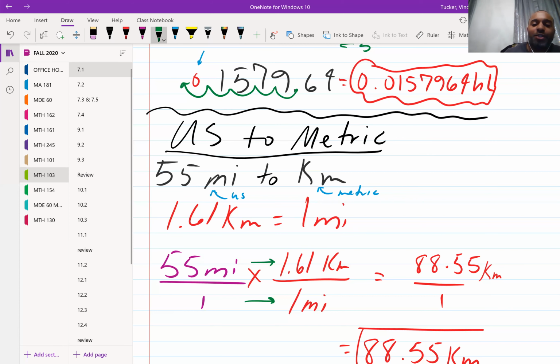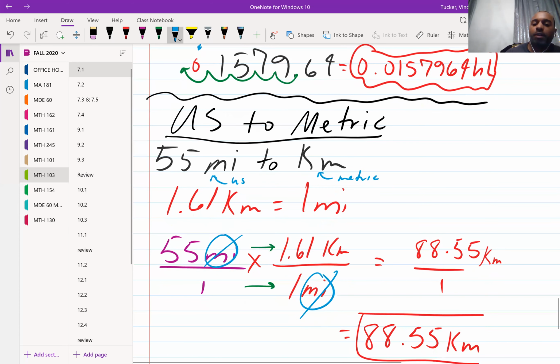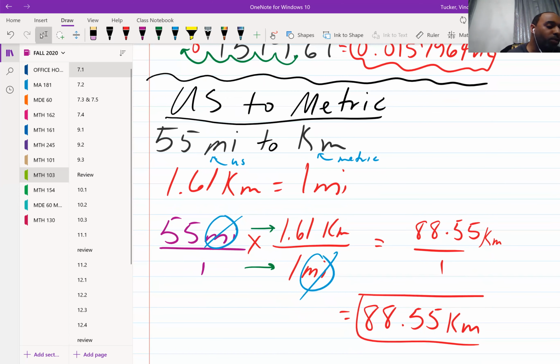Set it up accordingly. Notice that we're starting off in miles, so we have miles on the bottom. They cancel, multiply across, and that's 88.55 kilometers. So once again, that's the same process that we used in the beginning. You just need to know the conversion factors.